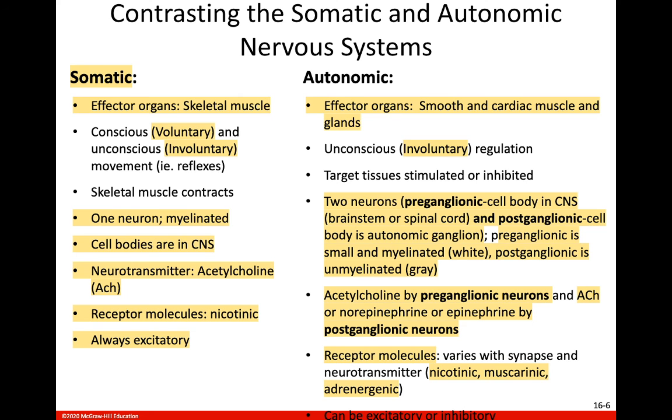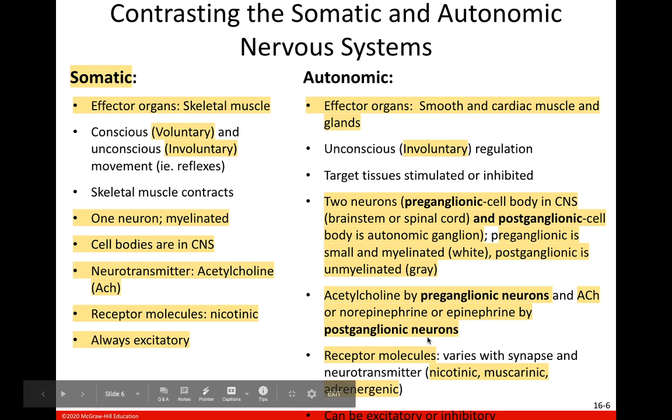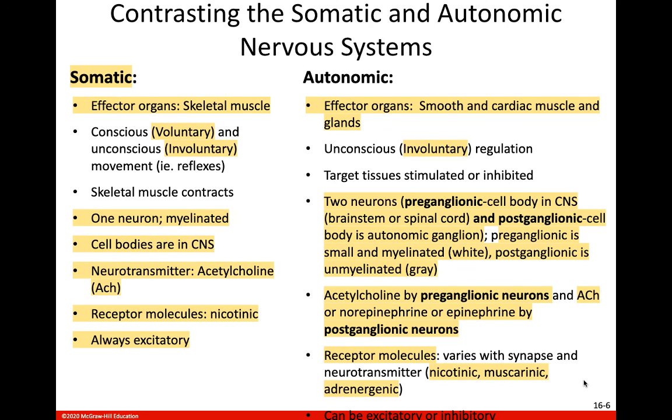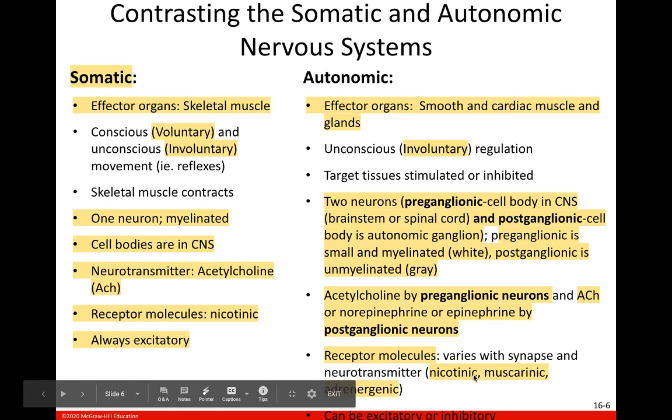And then again, we said that for the somatic motor neurons, the receptor molecules are nicotinic, but with the autonomic motor neurons, the receptor molecules can be nicotinic, muscarinic, or adrenergic, and we'll talk more about that, I think, tomorrow, not today.